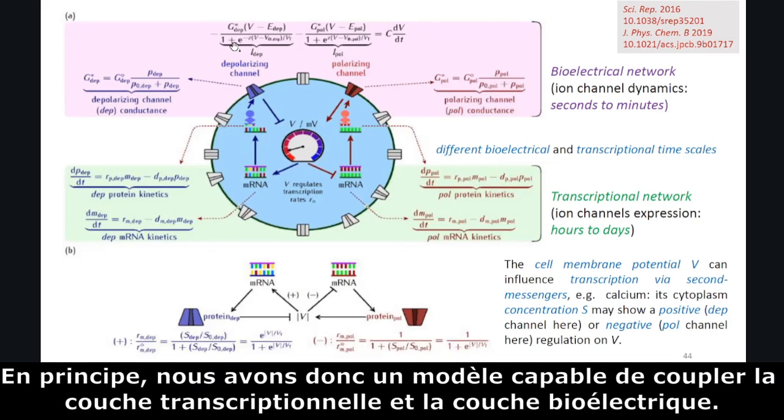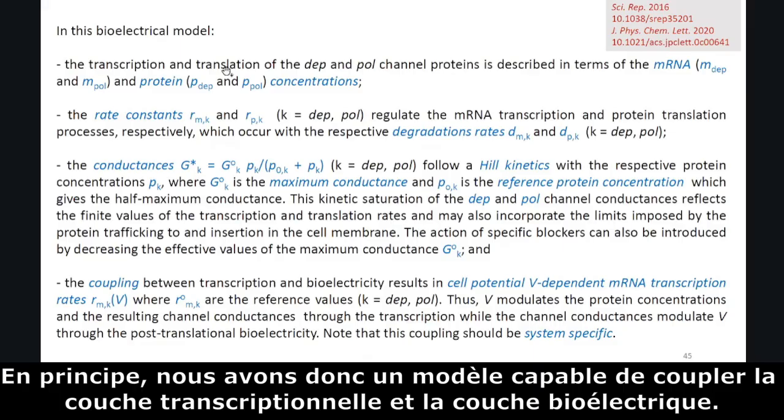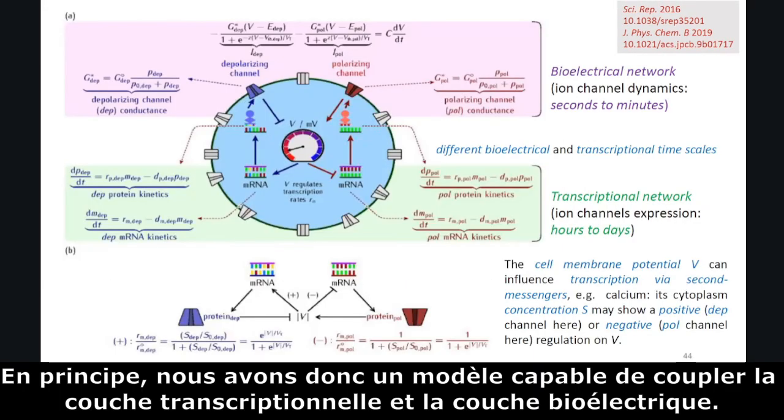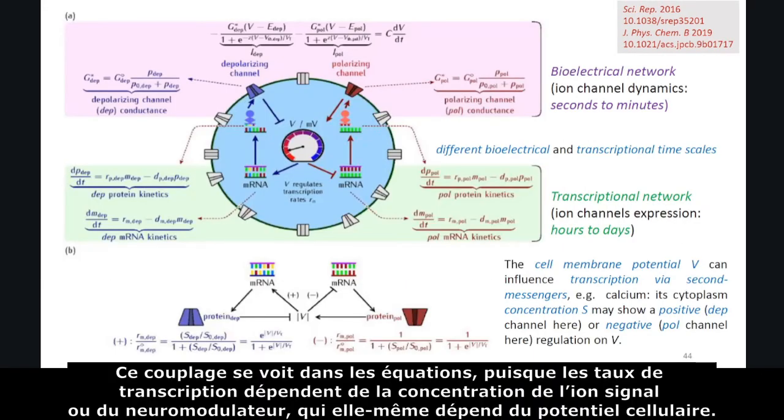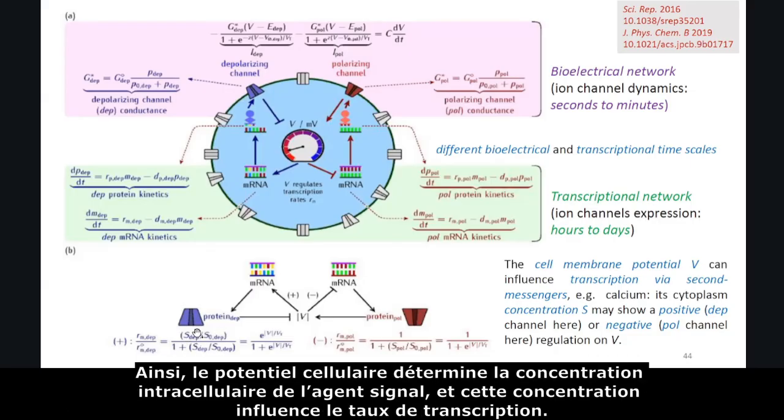So in principle, we have a model which is able to couple the transcriptional and the bioelectrical layer, and this coupling is seen here in these equations, because the rates for the transcription depend on the signaling ion or neuromodulator concentration inside the cell, and in turn these concentrations depend on the cell potential.